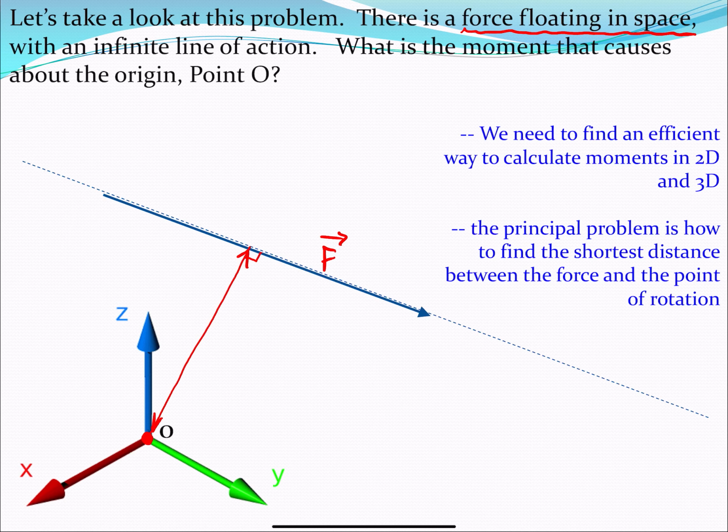But for some other vectors, let's say for this vector, when we extend the line of action, that shortest distance is not touching the force vector, and that is okay. It doesn't need to touch the force vector. It just needs to be perpendicular to the line of action, and that is going to be our distance d. So we can calculate moment equal to force times distance. This is what we are going to be dealing with.